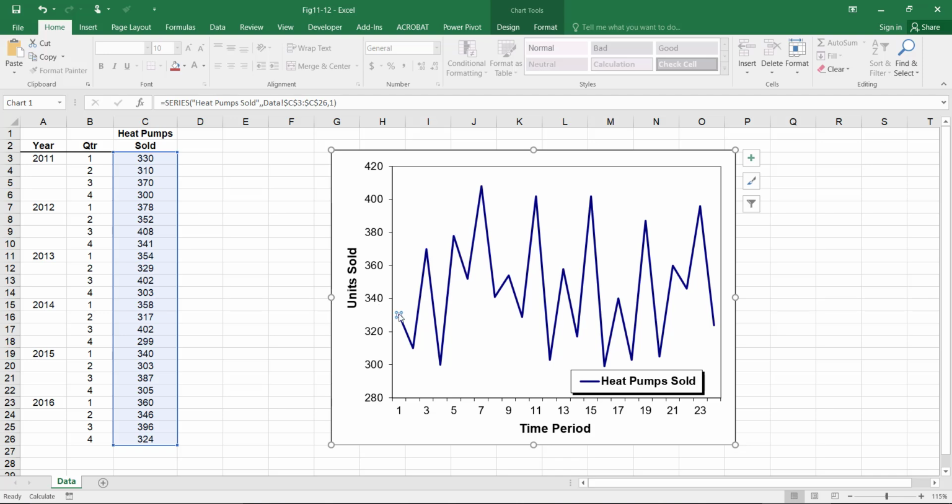For example, from this point up to this point we can see one season, so we have 4 observations in each season. And then the pattern itself repeats. This is the starting point of the second season, this is the end of the second season and the starting point of the third season, and so on. So this pattern is repeating.